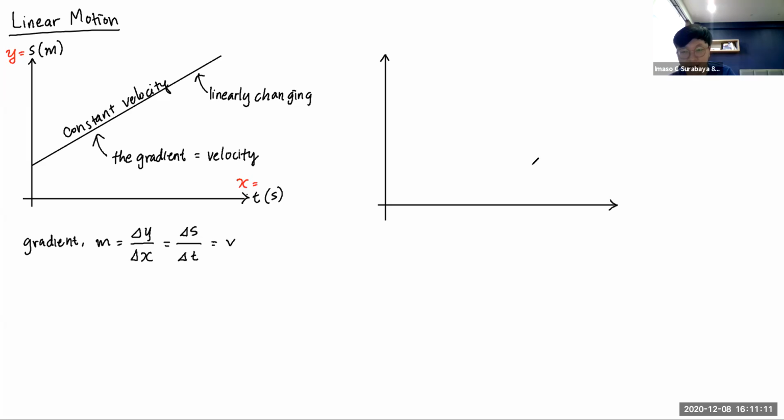VT and ST, right? Okay. In a VT graph, it's always a horizontal line, meaning constant velocity.